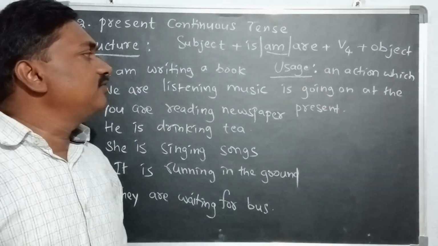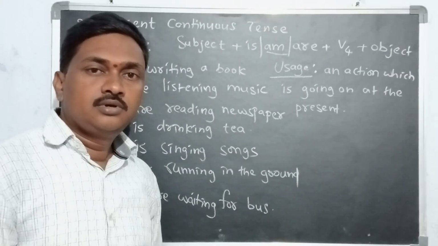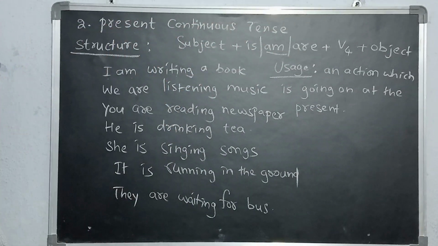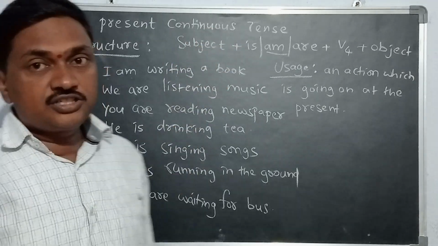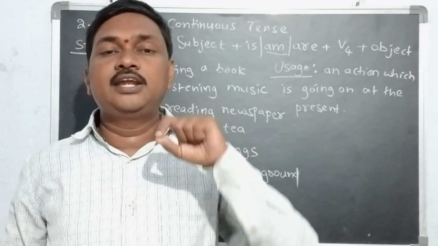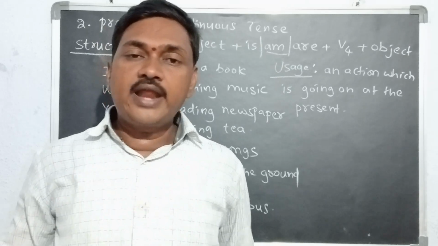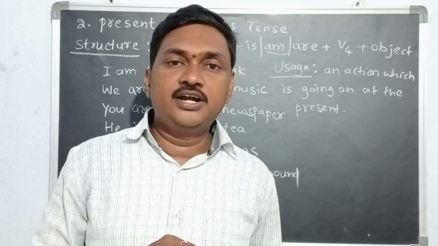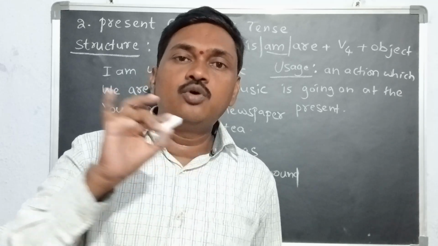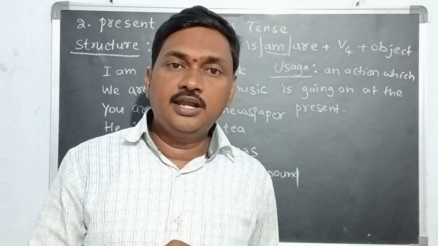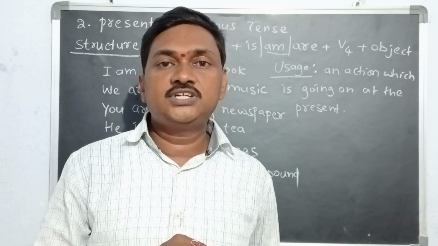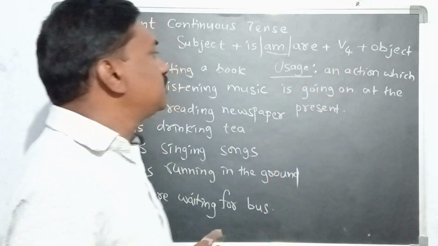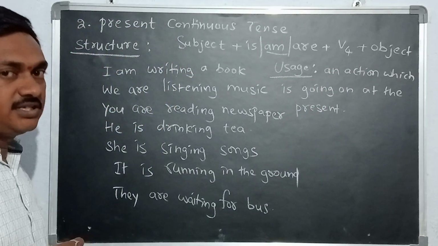In the title itself we can understand, present means now, continuous means it is continuing. Generally we use present continuous tense for actions which are going on at present, which are continuing at present.